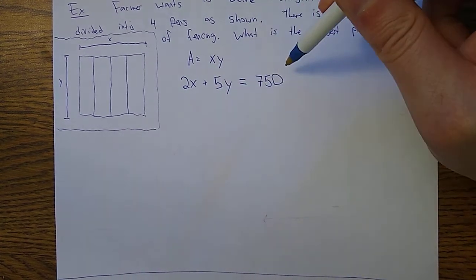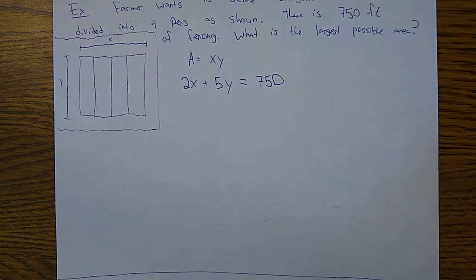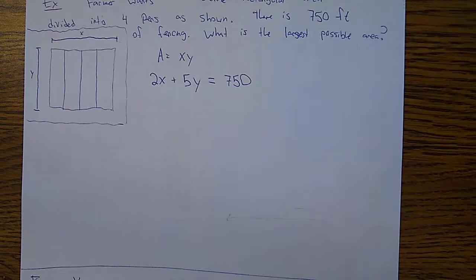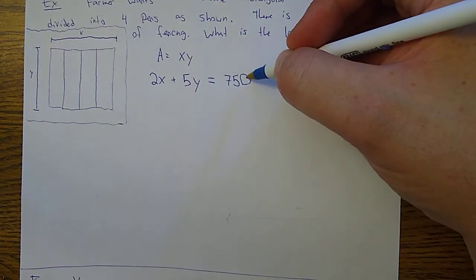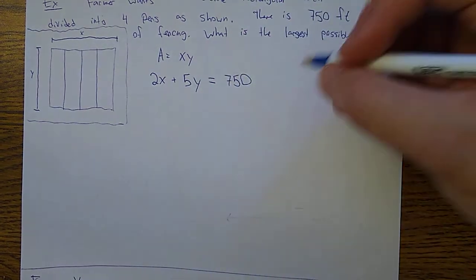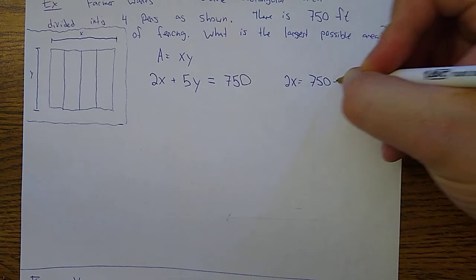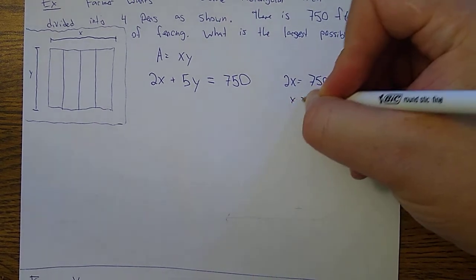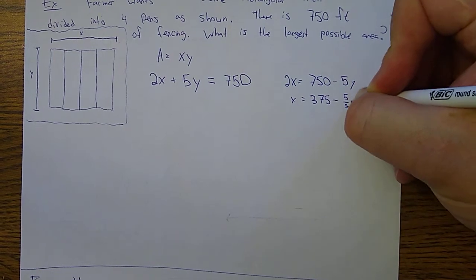Okay, so this is going to allow me to solve for x or y. I get to choose which one. Let me solve it for x, I guess. So I would subtract this over and divide by 2. X equals 375 minus 5 halves y.